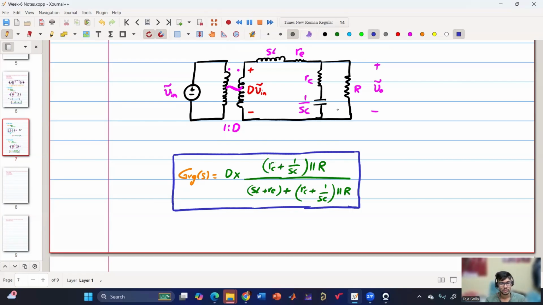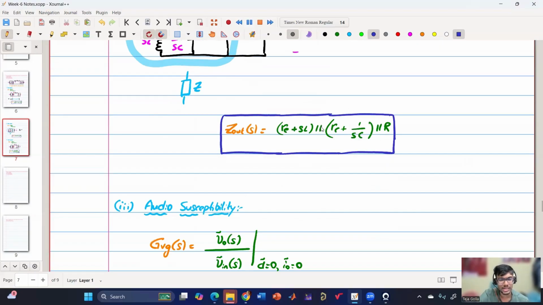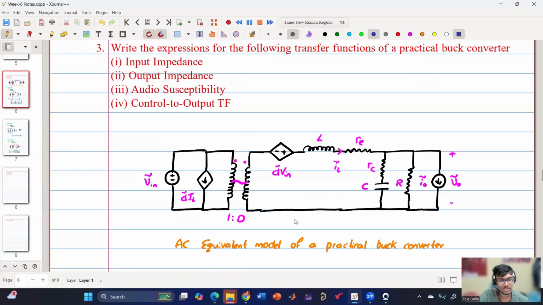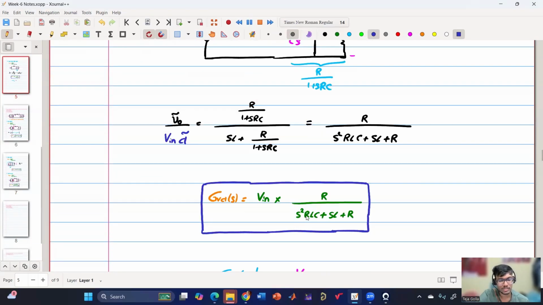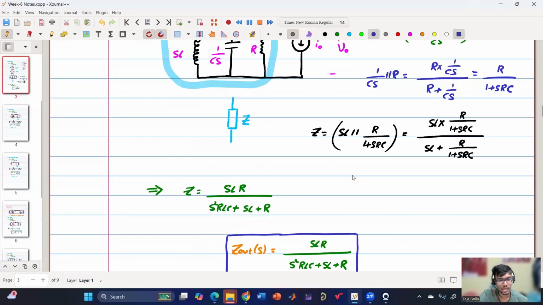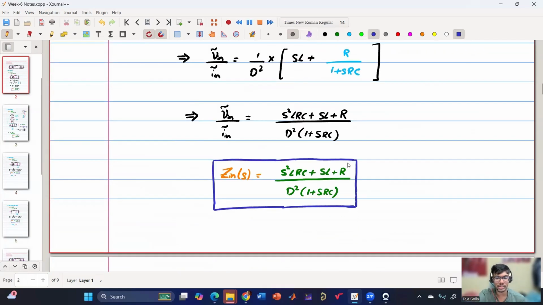Yes, sir. So, as you can see, the terms are getting more complicated depending upon the parasitics, but all of them have a similar denominator. So the denominator remains the same, just like in the previous cases. If you see here S square RLC plus SL plus R, here S square RLC plus SL plus R, here also S square RLC plus SL plus R. Only in the input impedance will you get S square RLC plus SL plus R in the numerator.